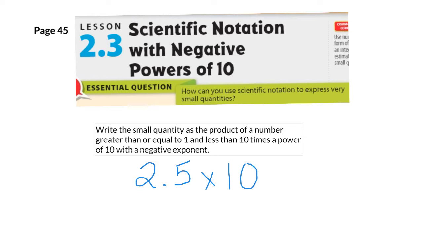So far it looks just like the large ones did. But this time, you're going to have a negative exponent. And this negative exponent tells you that the number is smaller than 1.